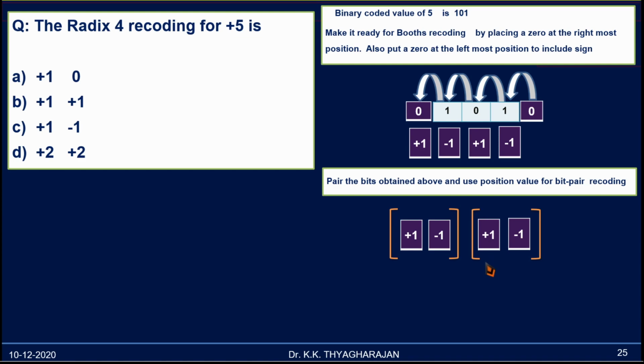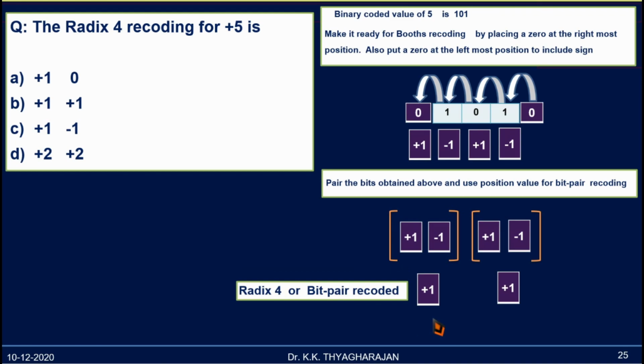That means 2. So 2 minus 1 is +1. Similarly, here the place value is 2 for this bit and the place value for this bit is 1. So 2 minus 1 is +1. Now, these are the Radix-4 values or bit pair recoded values.